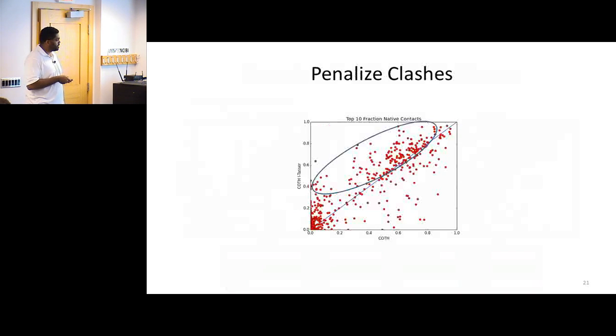But if you actually look at clashes and disregard those as proper contacts, all the improvement pretty much goes away. Most of the superposition shows complete overlap of the two images, and it's not a very good place to start.